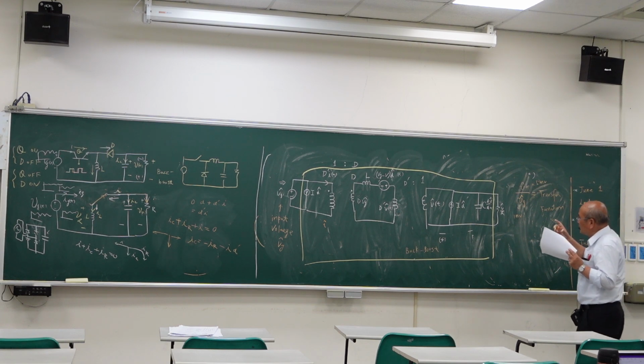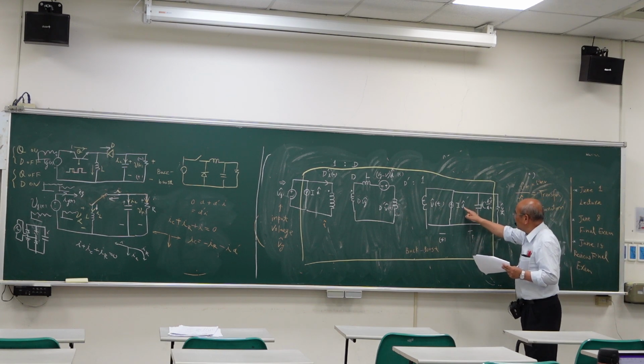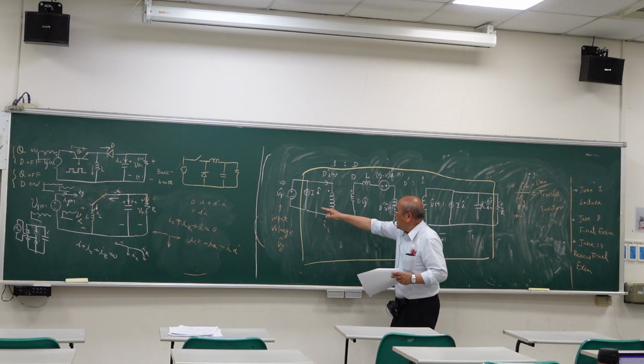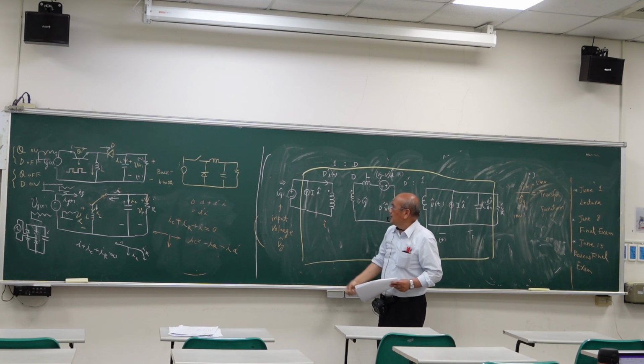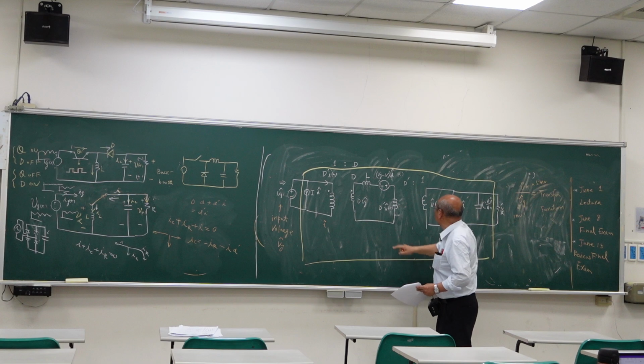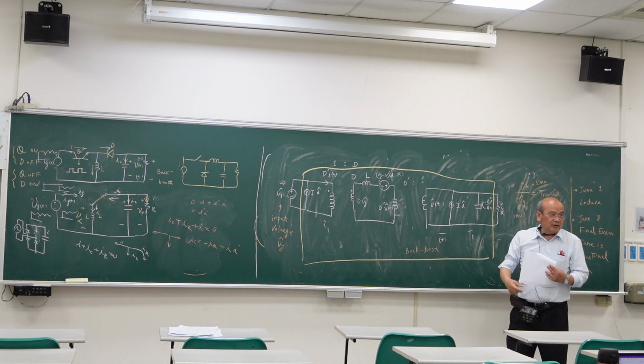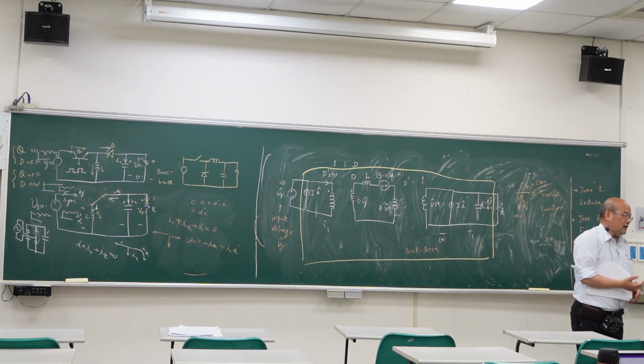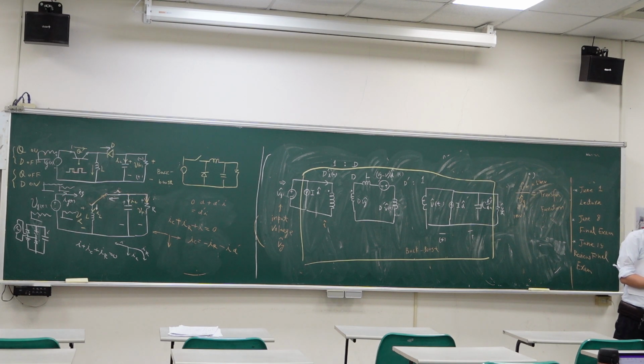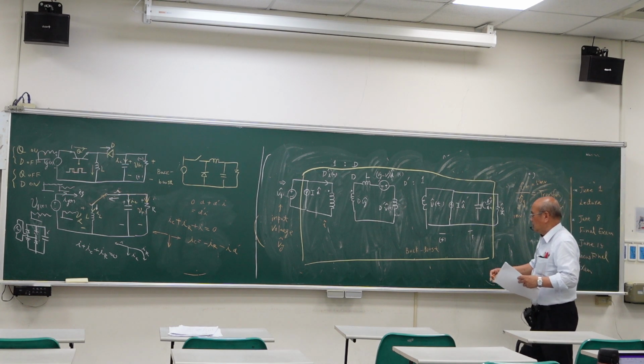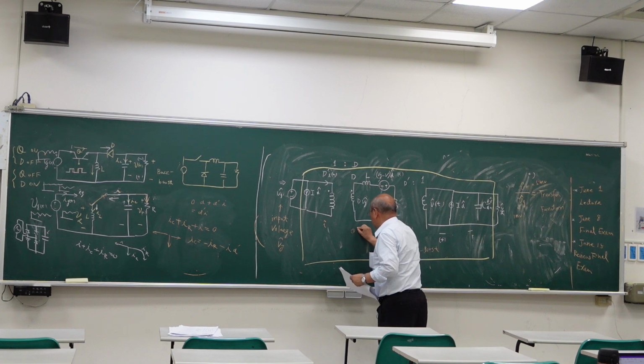Is it possible to directly get the Vg hat? How about I? How about D? How about I? We don't know. So first, what should we do? We have to determine DC bias.